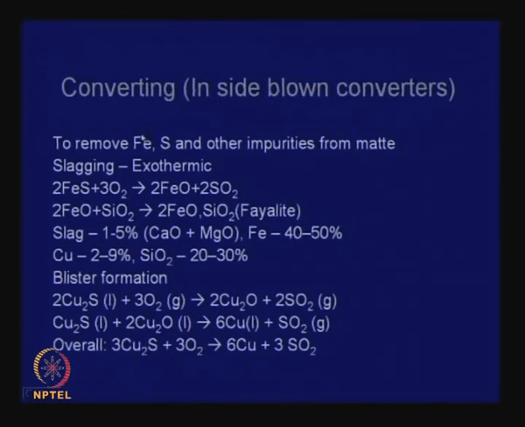Now, we have to remove iron and sulphur and other impurities from the matte, and we will do that by slagging. We will continue in the converter, we blow oxygen to oxidize FeS to the FeO stage. Then FeO will react with SiO2 to form ferrite slag.